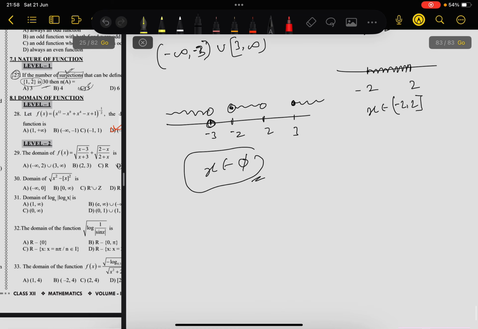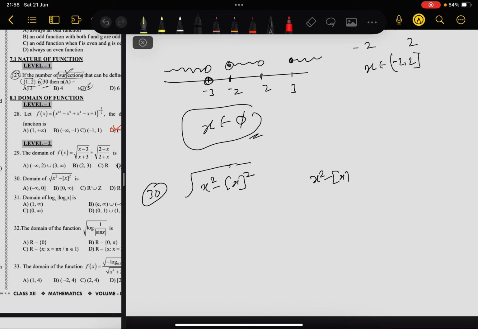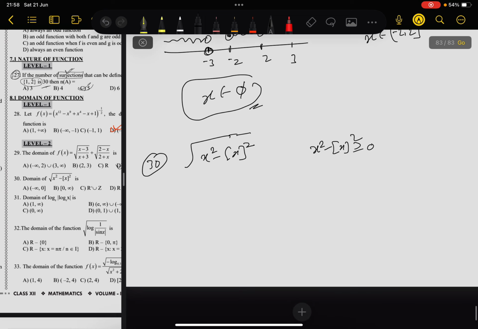Now solve the next question. Here, x square minus box x square. So again, this is question number 30, and this is written inside the root. So x square minus box x, first of all this should be greater than or equal to 0.